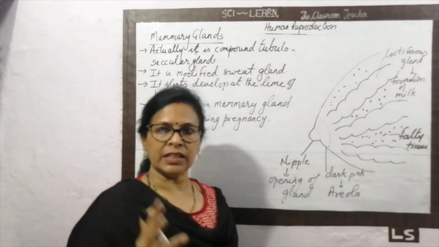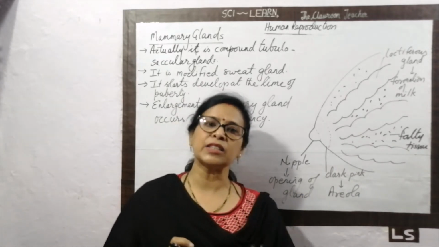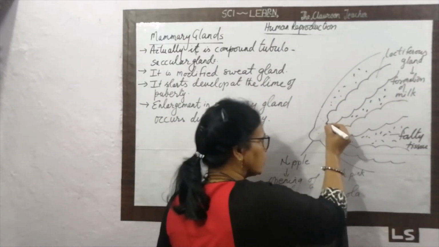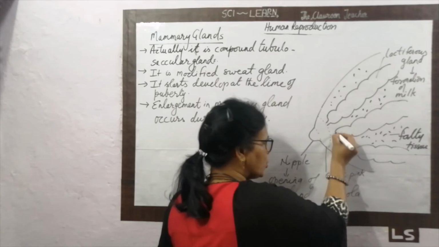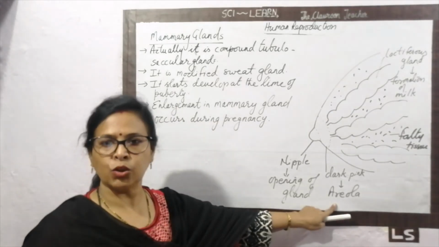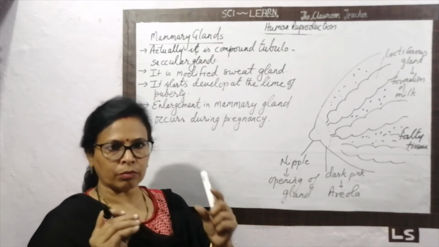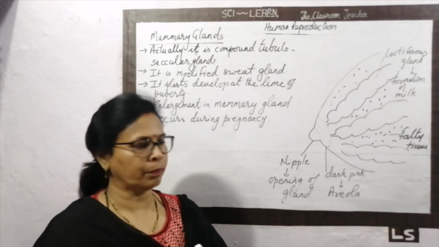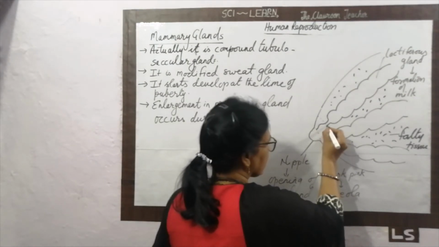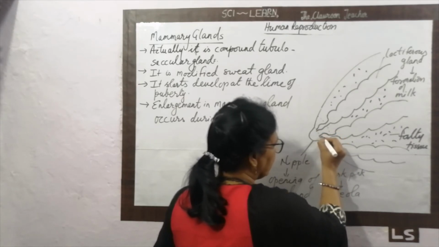The lactiferous gland is the saccular part of the compound mammary gland, and the next part is the tubular part. It forms a tube-like structure, and this tube opens in the areola, where it swells up and opens in the nipple.